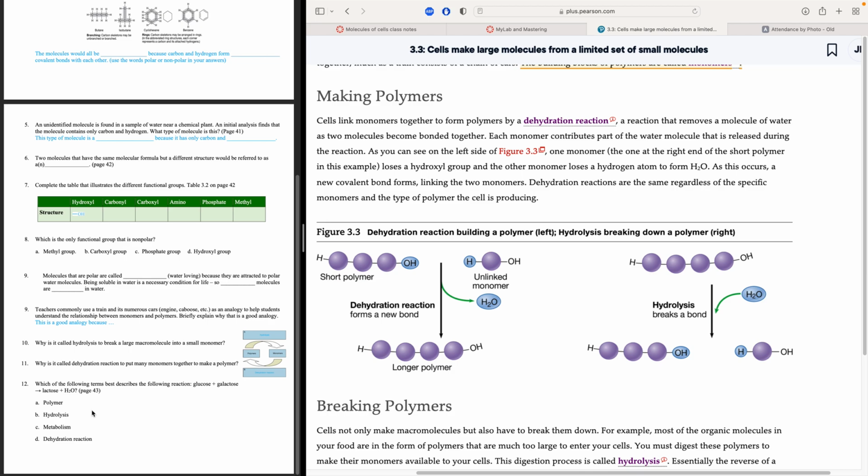And number 12, which of the following terms best describes the following reaction? Glucose plus galactose, those are 2 sugars, yields lactose and water. All right, is water on the product side or the reactant side of the equation?